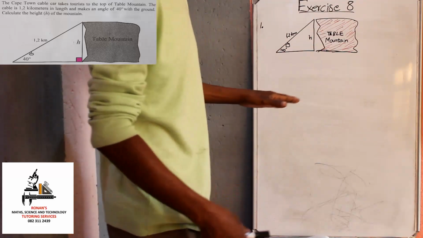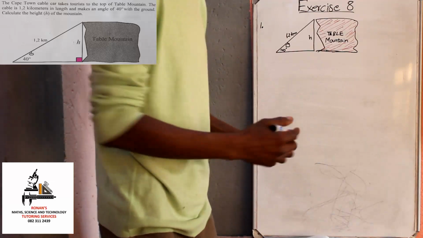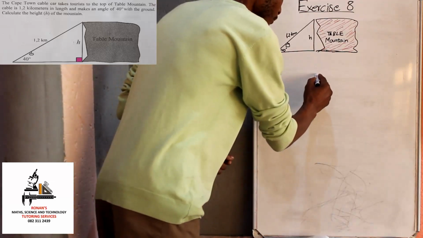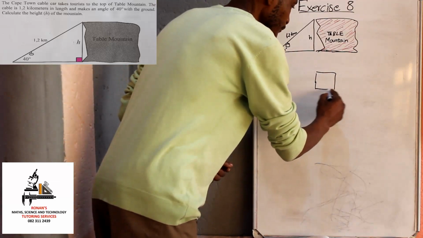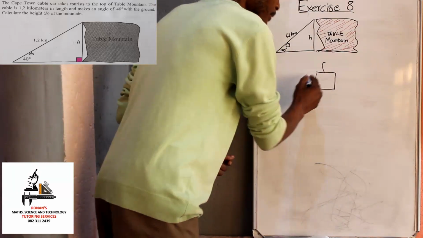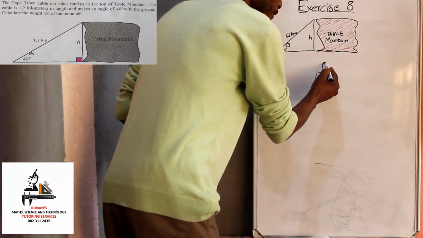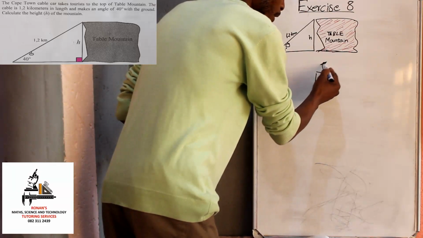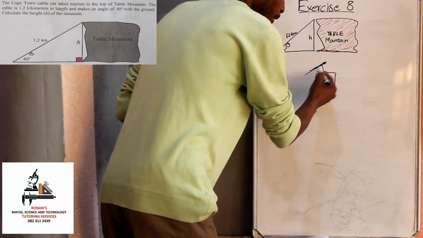So remember, the cable car is actually something of this nature, and it's got a hook on top. Now that hook there is suspended on a cable, a steel cable.